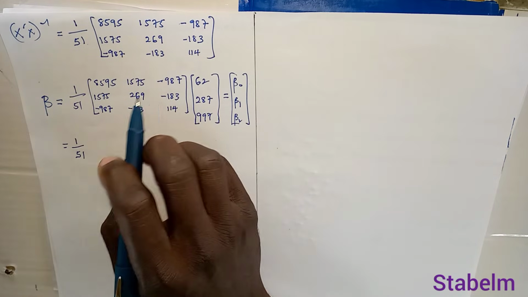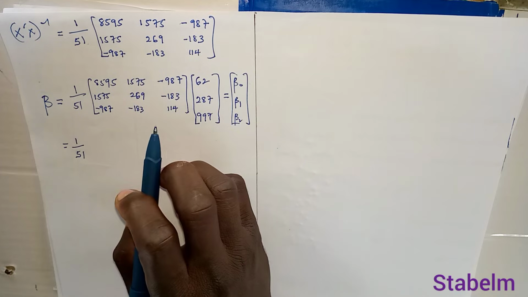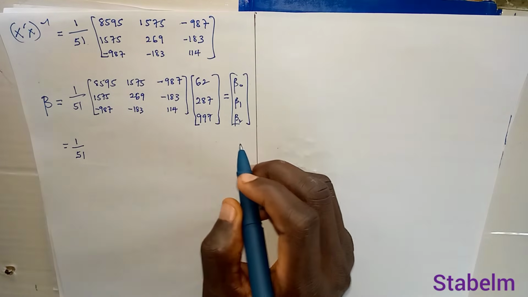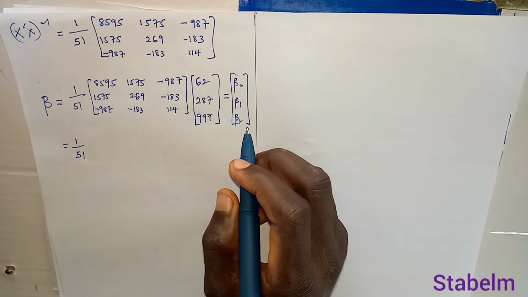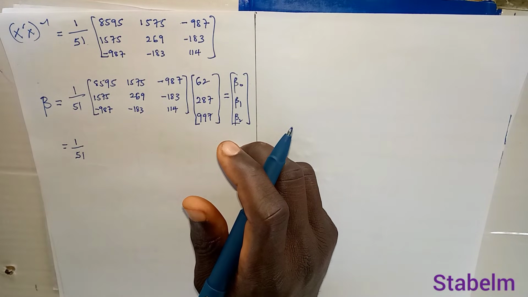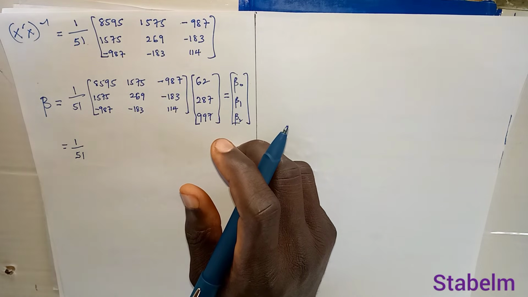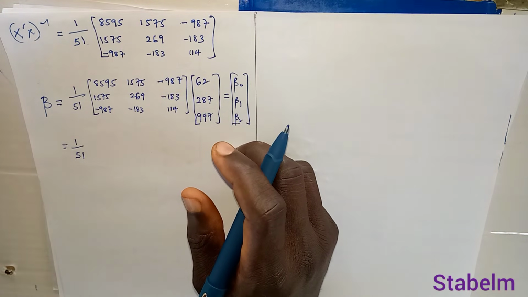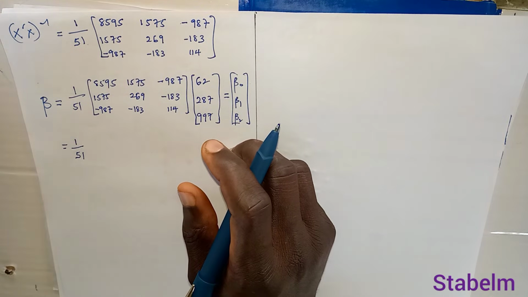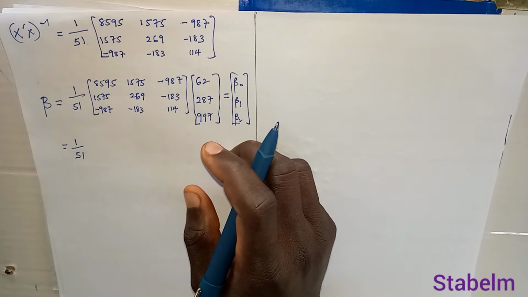And what is our matrix here? Our matrix here is a 3 by 3 multiplied by a 3 by 1. If you multiply a 3 by 3 matrix with a 3 by 1 matrix, what are we going to get? We're going to have a 3 by 1 matrix. So that is what we are going to do now.